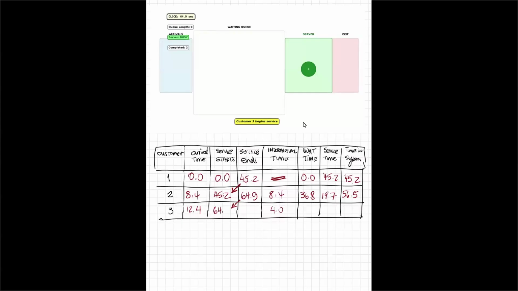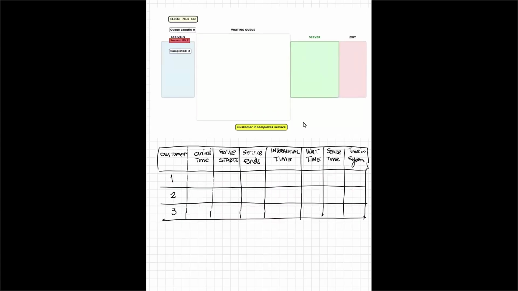Okay, we have some good information there. Customer 3 begins, we write it down, and now let's see what happens. At time 78.6, customer 3 is finishing. So let me copy the information again.